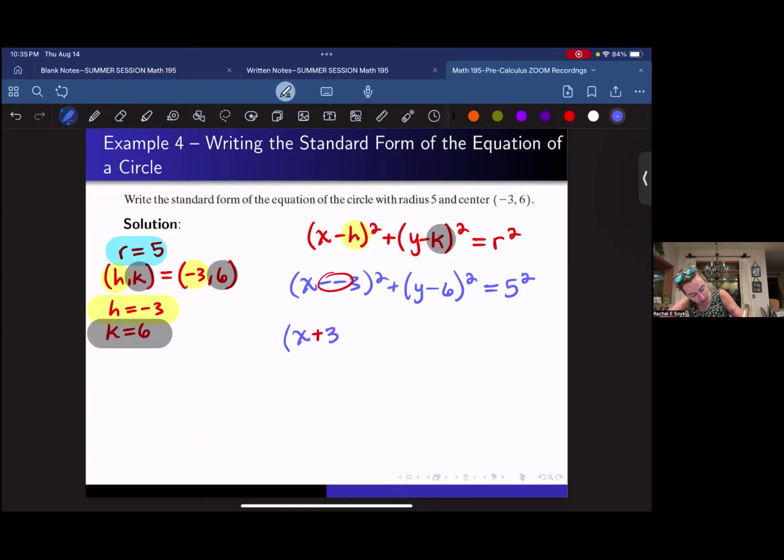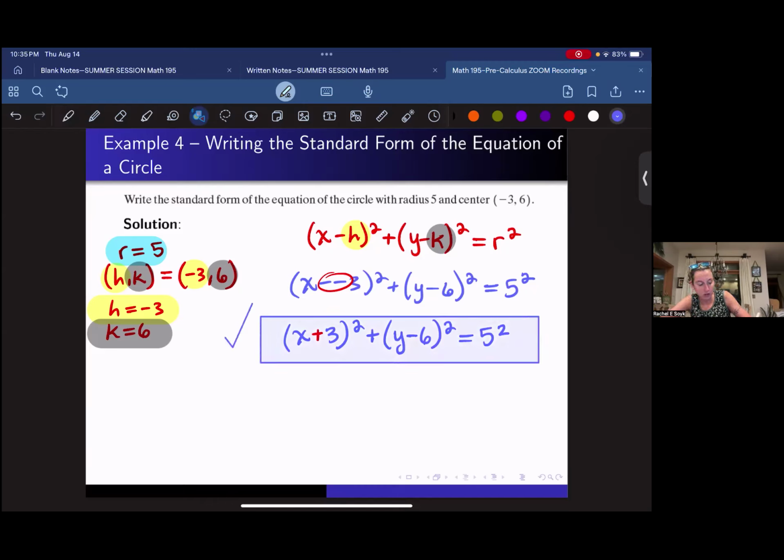And so we get x plus 3 in parentheses squared plus y minus 6 in parentheses squared is equal to 25. And you can also keep it as 5 squared to really just hone in that our radius is 5 just by looking at our standard form. And we're done.